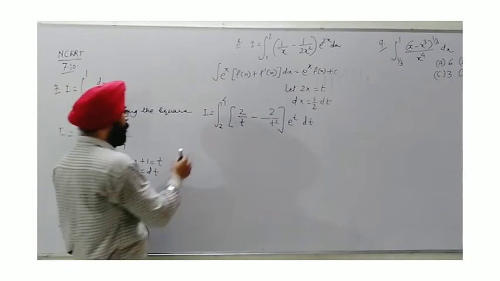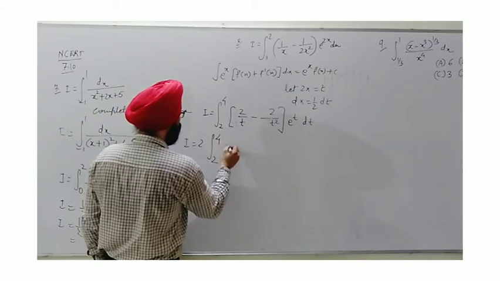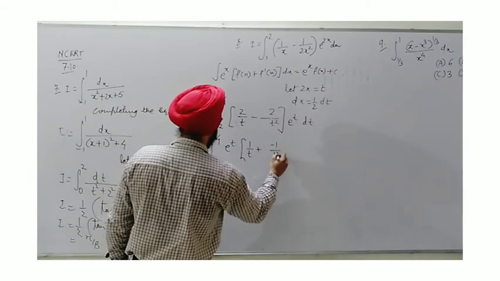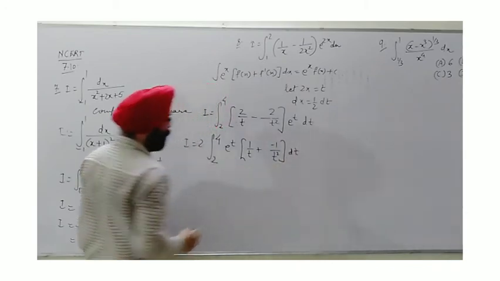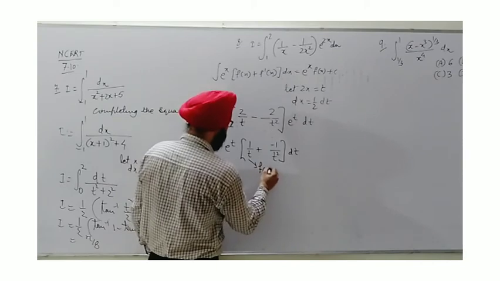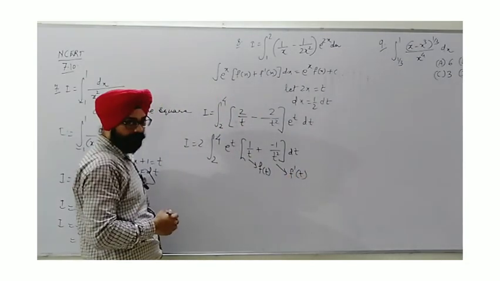And if I take 2 common, I have twice the integral from 2 to 4 of e to the t times (1 upon t minus 1 upon t square) dt. You can check, this is f of t, and this is f dash of t. The differentiation of 1 upon t is available.